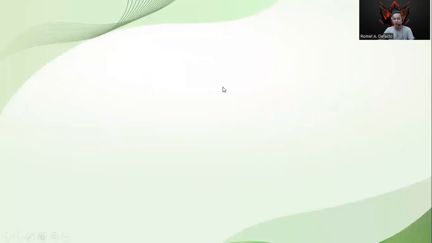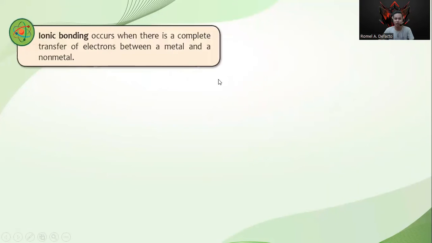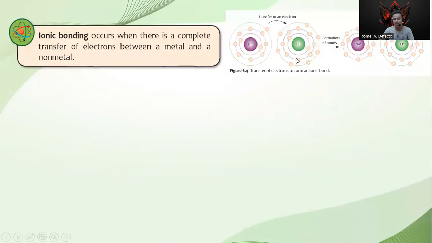This bonding between two or more atoms is generally classified into three. We have ionic bonding, which is the complete transfer of electrons between a metal and a non-metal, and it looks like this, which will be the main topic for this video.